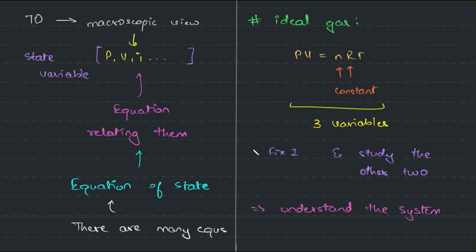If you want to study something, you have to fix one and study the other two, and thus understand the system. So that's the point of this. Using this equation, we are able to understand the system this way. That's the entire funda over here.